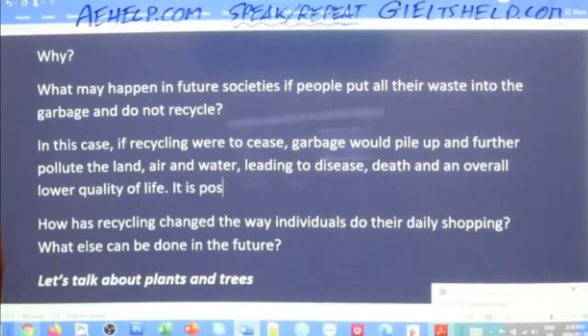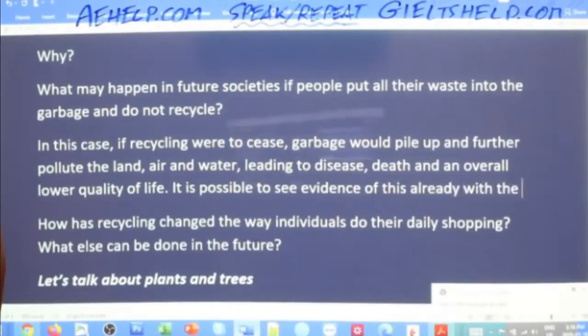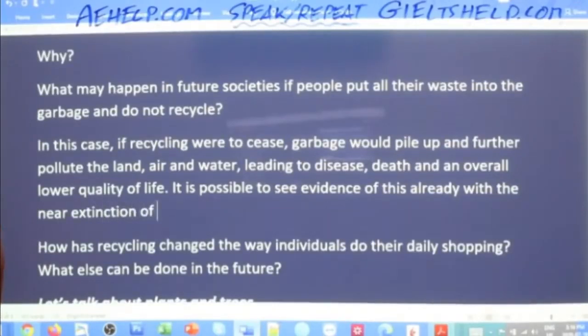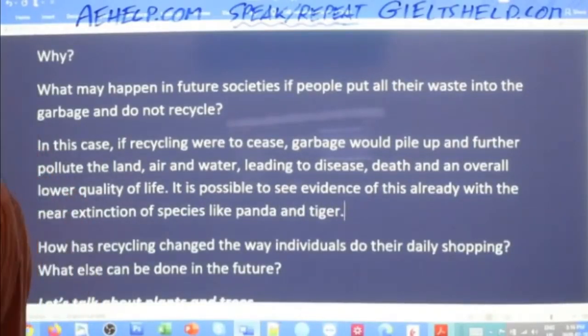It is possible to see evidence of this already with the near extinction of species like panda and tiger. Let's make those plural, pandas and tigers.